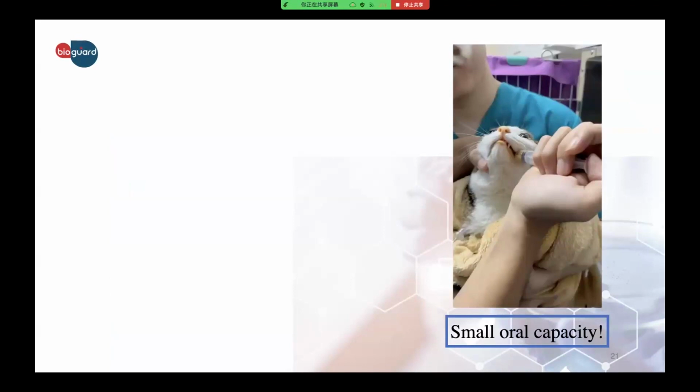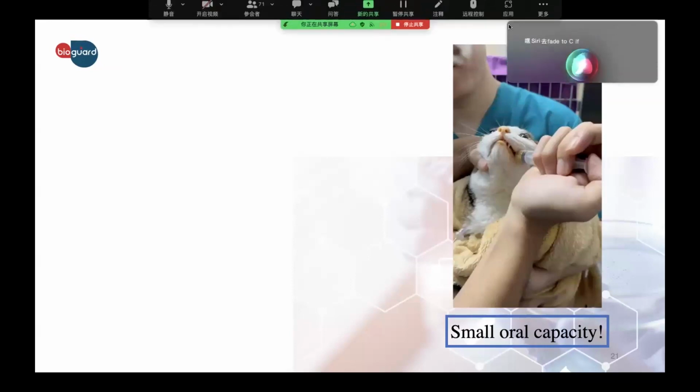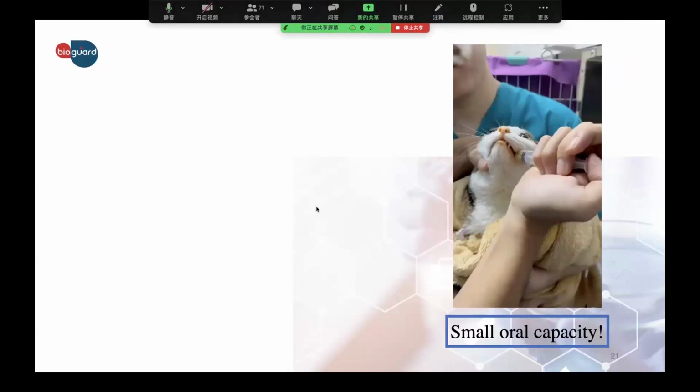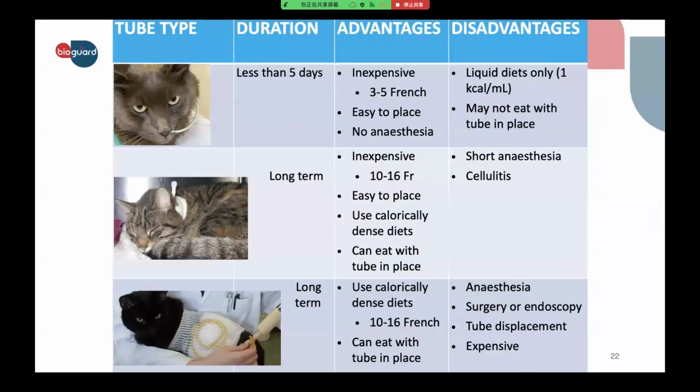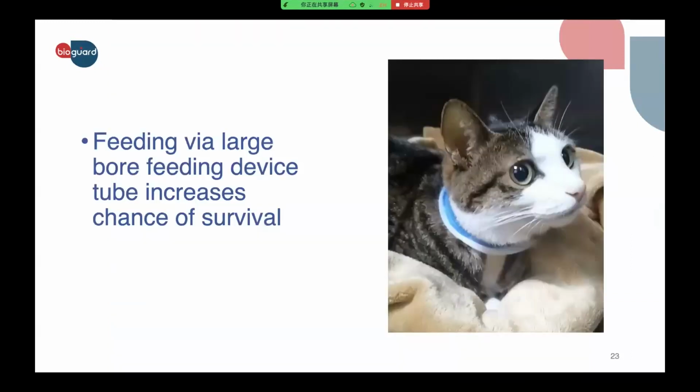So we need to stabilize her first and give some syringe feed to see if the animal will start to eat by herself. If not, we wait for 1 or 2 days, then we put the esophagus tube on.